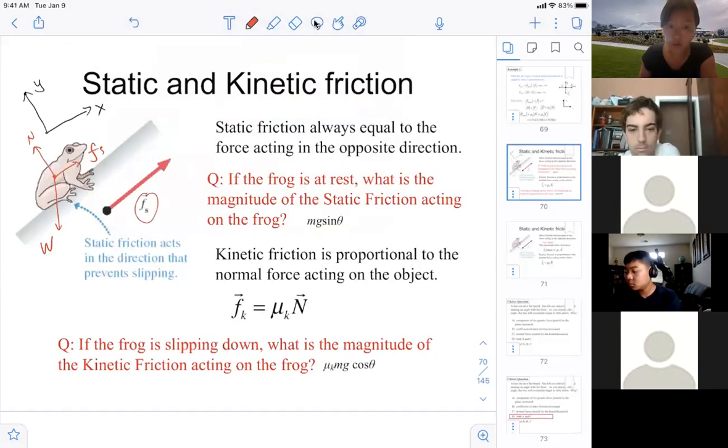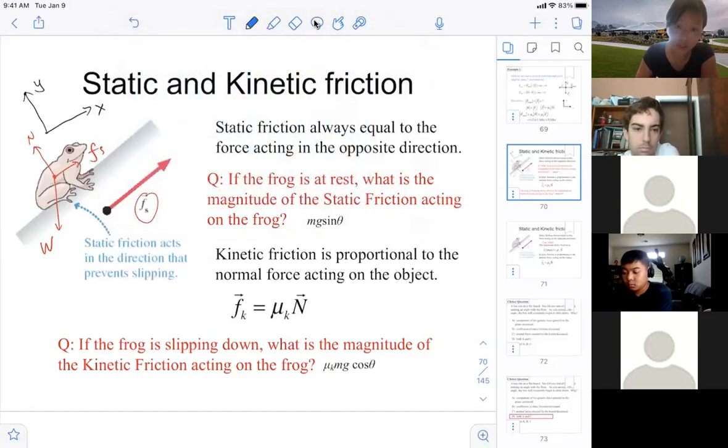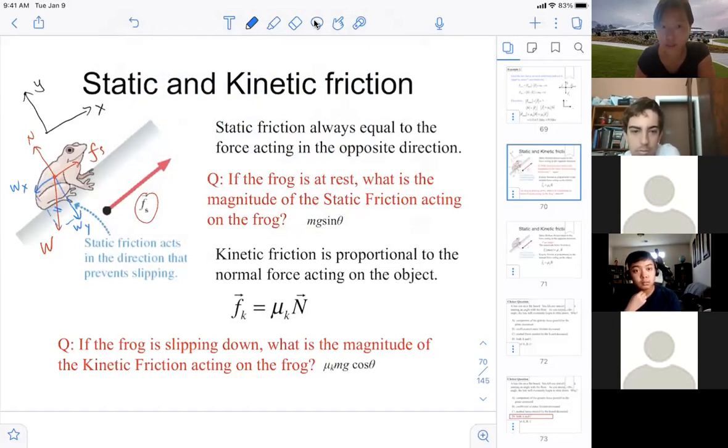So those are all the forces, and it's often easy to look at gravity in two different directions for a ramp problem. So I'm going to break that down into weight in the y direction and the component of weight in the x direction. After I break it down, I will cross out my weight, showing that I have already considered this force. I don't need to double count it.